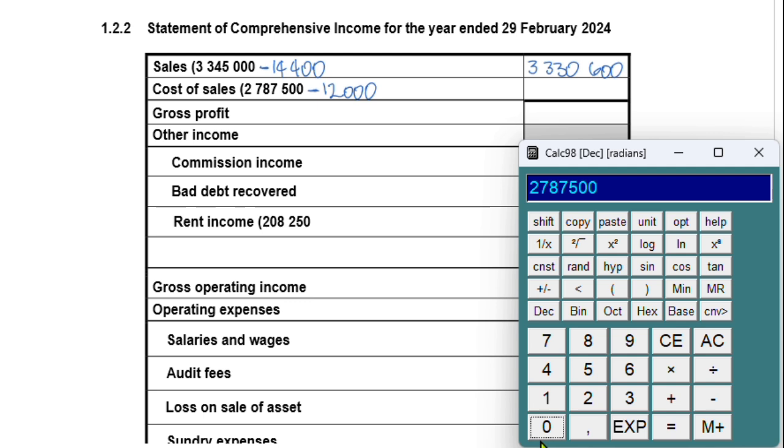2,787,500 rand minus 12,000 rands equals 2,775,500 rands.